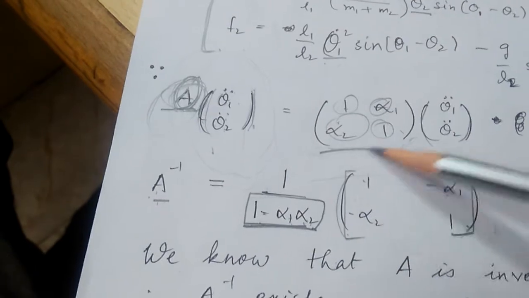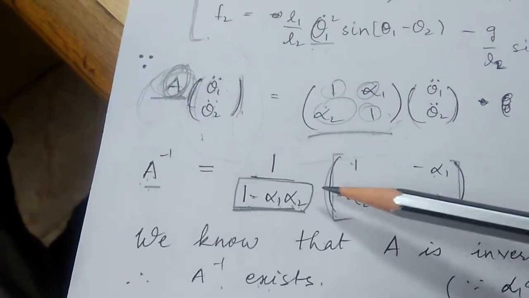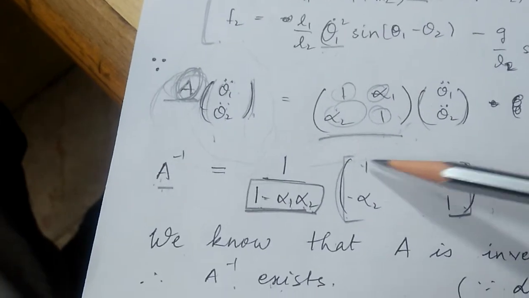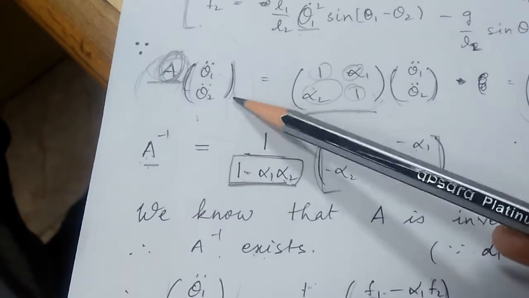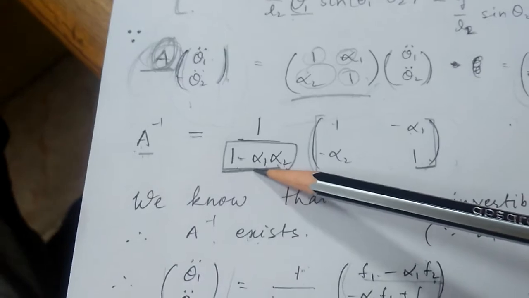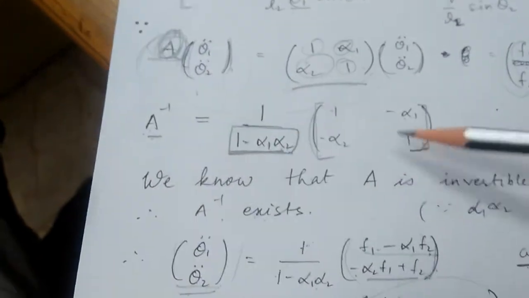It's not going to be equal to 0. Even if it were negative, it would have worked. Since the determinant is non-zero, A inverse exists, so A is invertible.